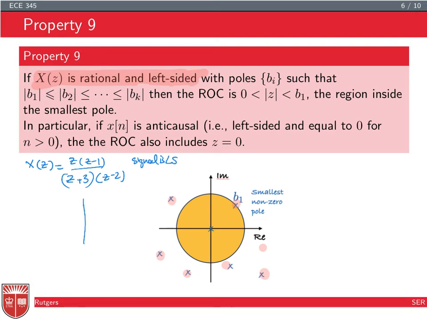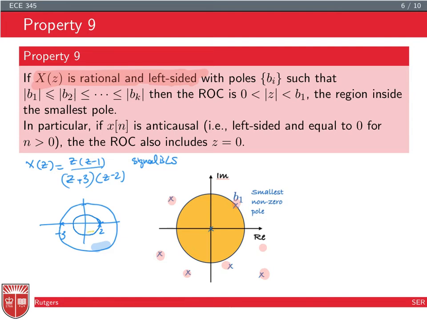Then I know in the z plane here, I have two poles, one at 2 and one at negative 3. And then I know because the signal is left-sided that the ROC is going to be the interior. Sorry, this is wrong what I did here. So it's going to be the interior of the smallest circle. So it's going to be the interior of the circle at 2.